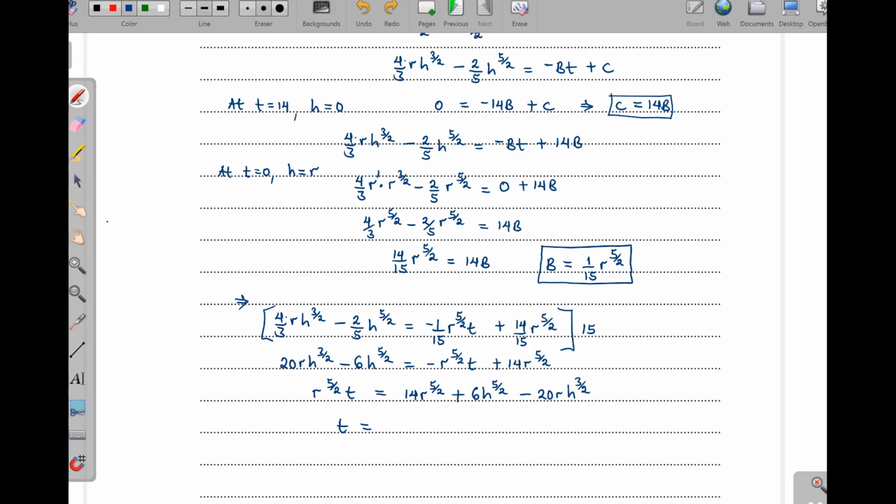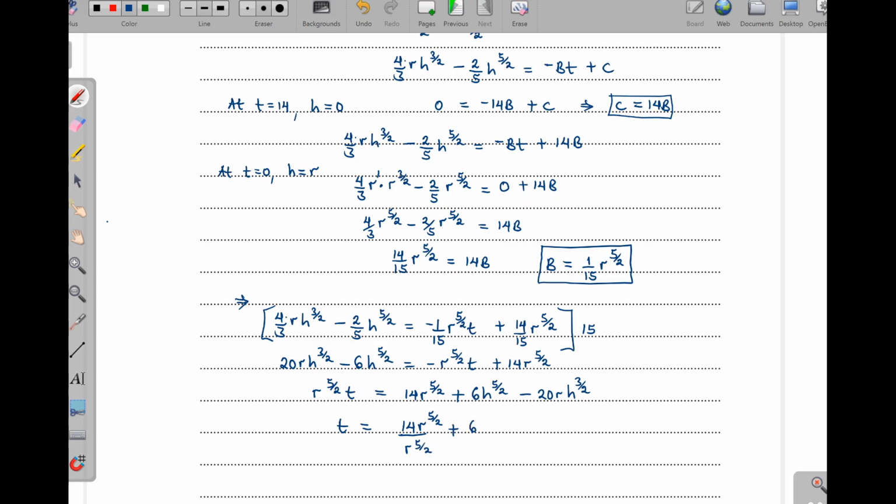I think this one here is 20. No, it is not the same. Pardon me here. So we are going to have 14 r power 5 over 2, then we divide by r power 5 over 2.